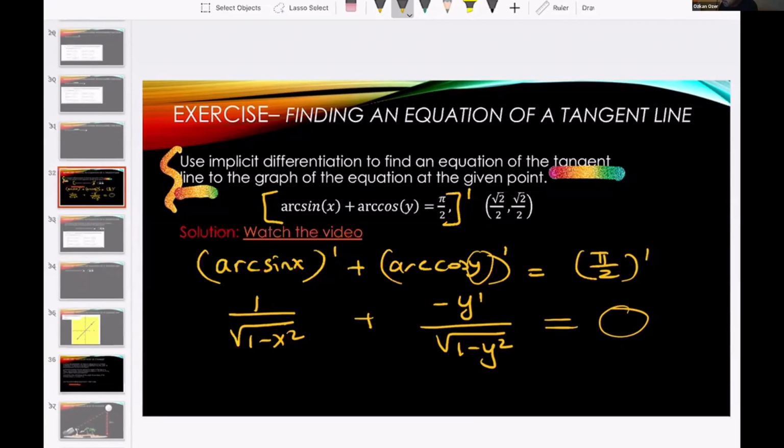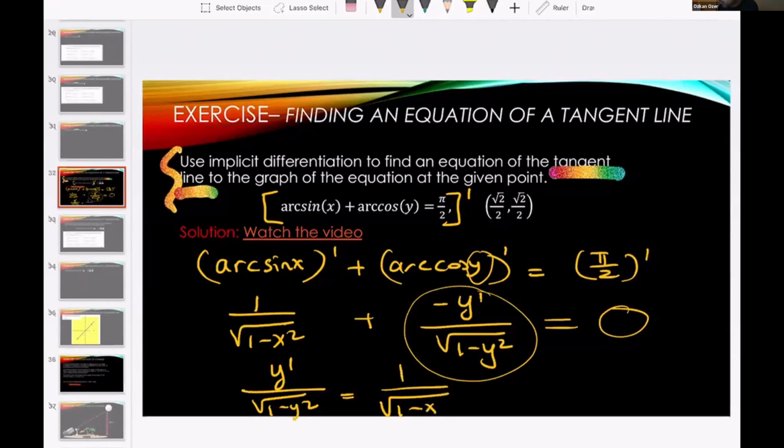So that's good news because I can solve this equation for y prime by adding the positive of this to both sides to get what? Y prime over radical 1 minus y squared equals 1 over radical 1 minus x squared. All right? By simply adding y prime over radical 1 minus y squared to both sides of the equation, this is what you get.